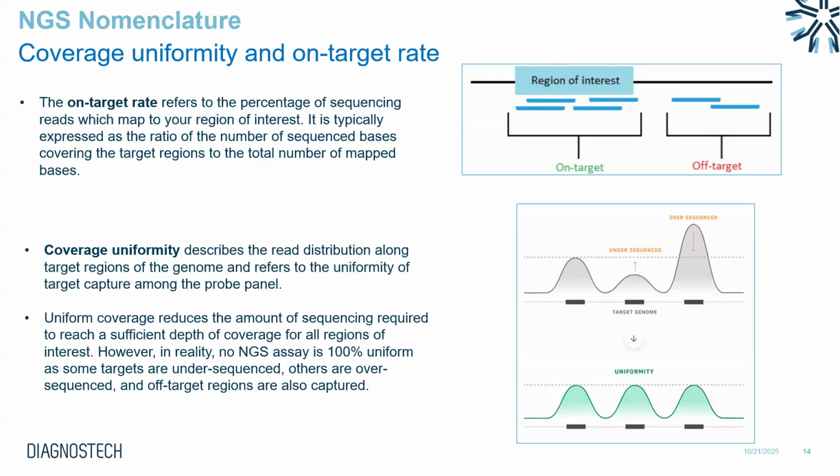Uniform coverage reduces the amount of sequencing required to reach a sufficient depth of coverage for all regions of interest. As I said, it's difficult to reach 100% because of the GC content, and low uniformity in some regions can lead to poor read depth, or regions that have been over-sequenced, so you have wasted data.